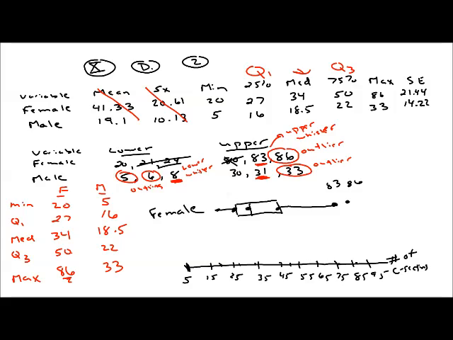My min for male is 5, but that's an outlier. So is 6. 8 is not. So, okay, this is 8. And then I go to 16. Median is 18.5.